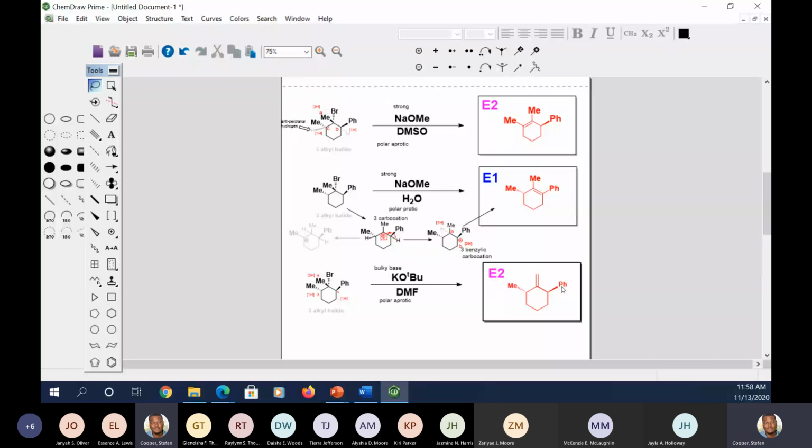So the trick here that we're trying to learn right now is to master the ability to understand which product would form in which conditions that we give it, right? But that's pretty much the take-home point from this part of eliminations. Is if I have a bulky base, things are going to change, right? And I'm going to pull from the side that has the fewest number of hydrogens.